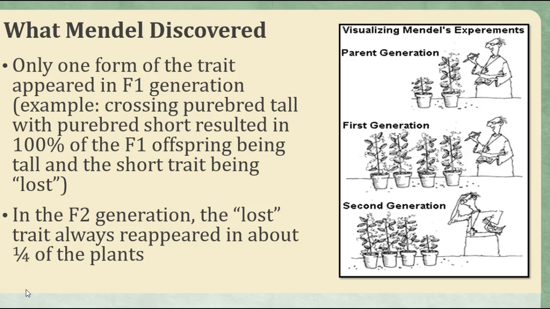But then in the second generation, in the F2 generation, that lost trait always reappeared in about 1/4 of the plants.